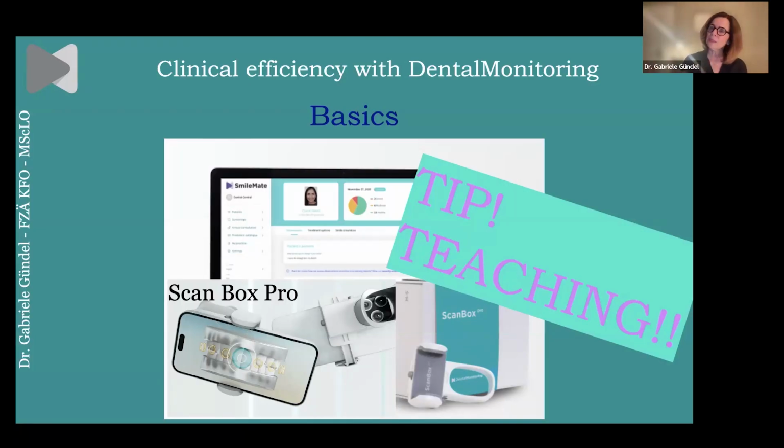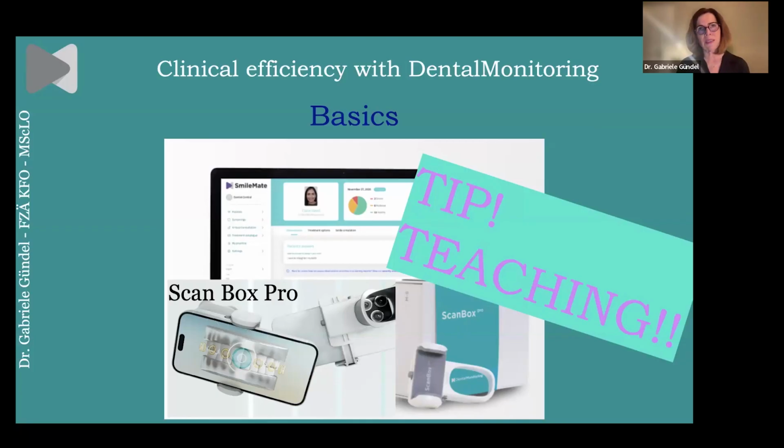We cannot work with this scan, please repeat. And this is very annoying for our patients. If they have to repeat a scan once or twice or 3 times, they get tired of doing it. So the first scan should be the perfect one for dental monitoring and for the work the patients have with the dental monitoring concept.